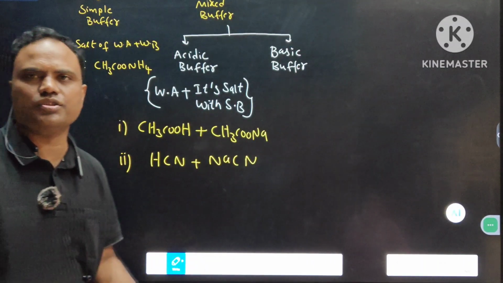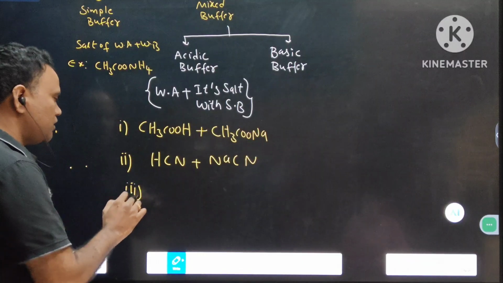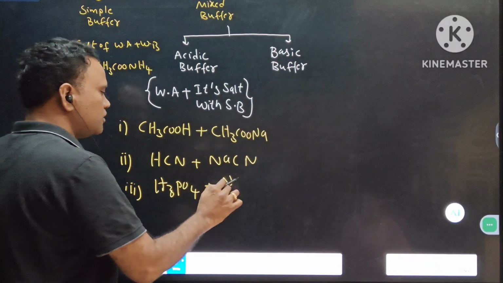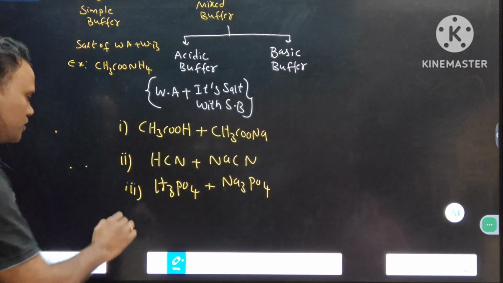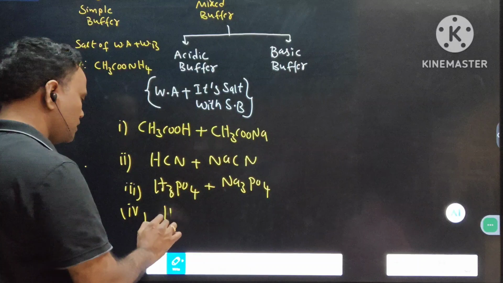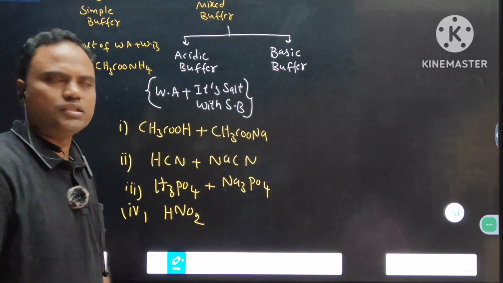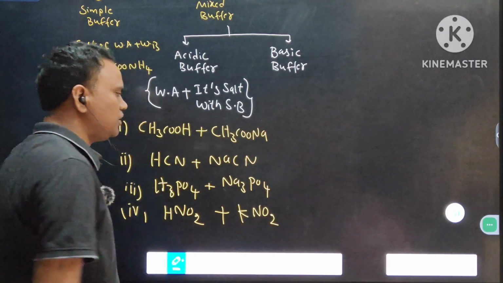Which of the following is an acidic buffer? Which of the following is a basic buffer? Third one, say another weak acid, H3PO4, with Na3PO4. HNO2, nitrous acid, not nitric acid, and its salt. Note like that.